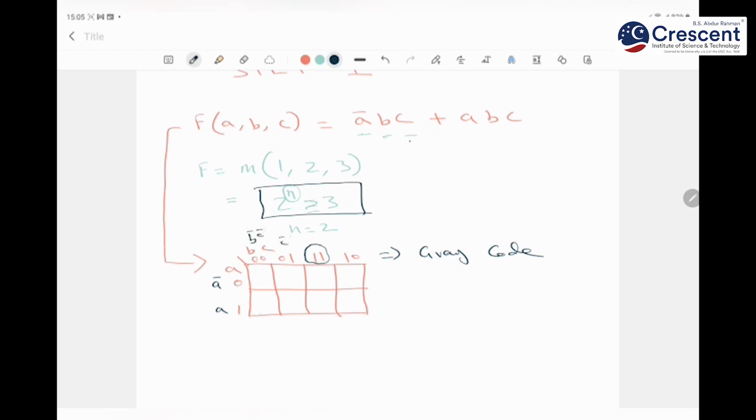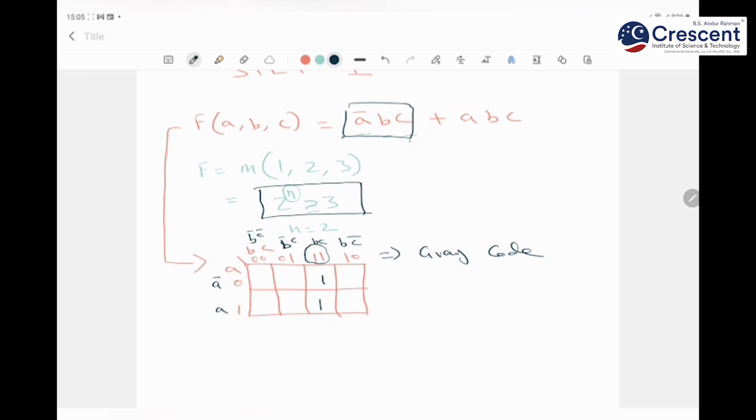This one is B bar C, this one is BC, and this one is BC bar. So now you can see our first term here, it is A bar BC, so this one is 1. Similarly ABC, here it is 1.